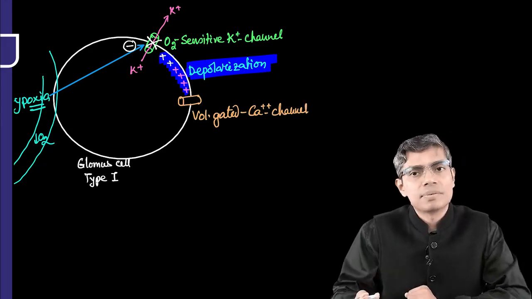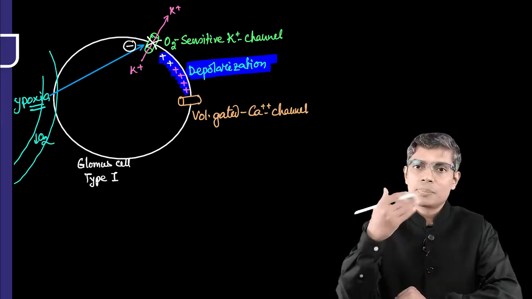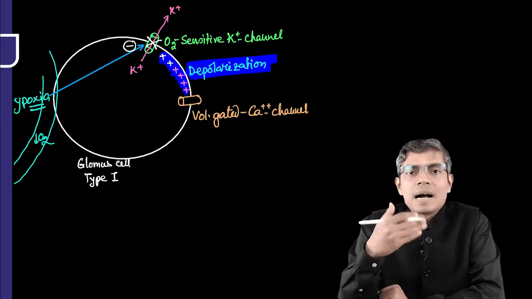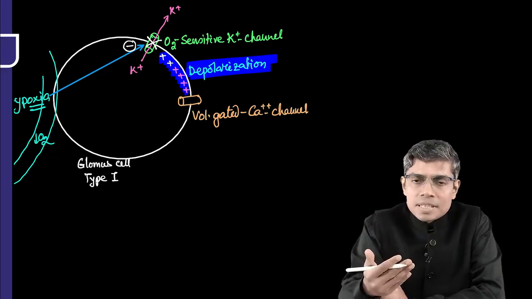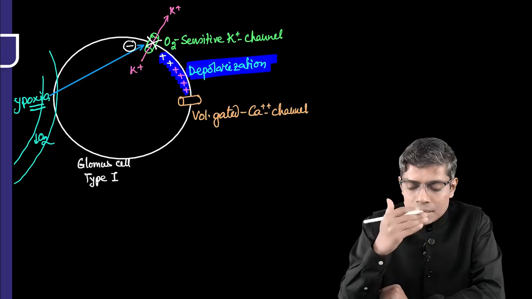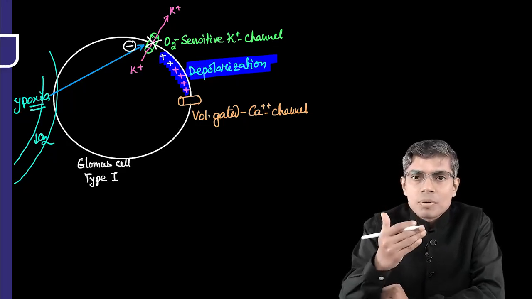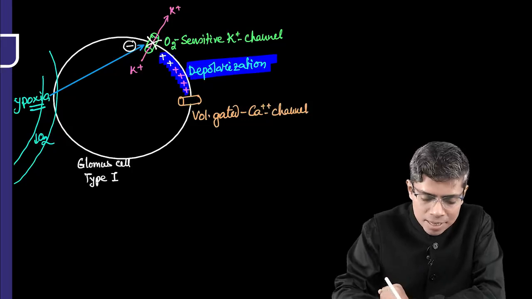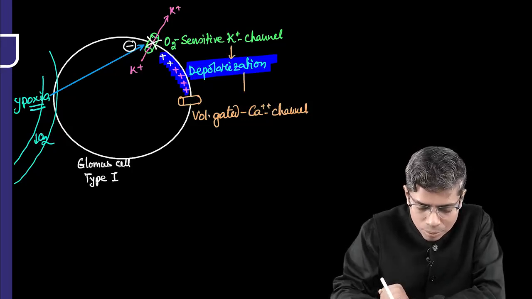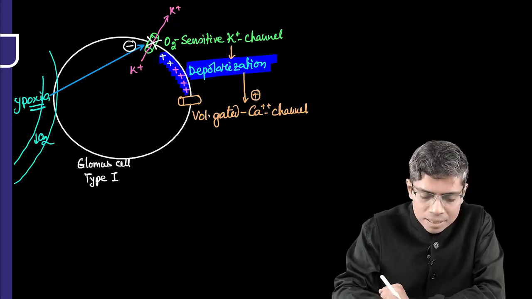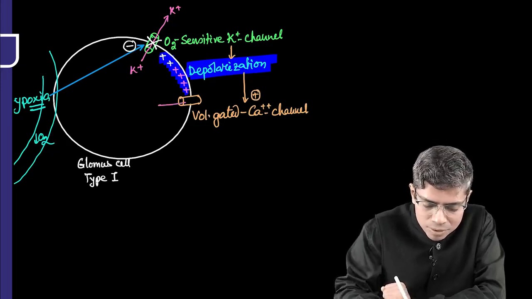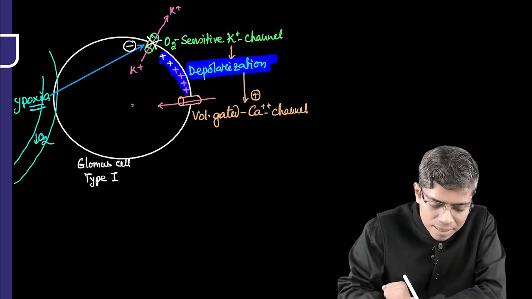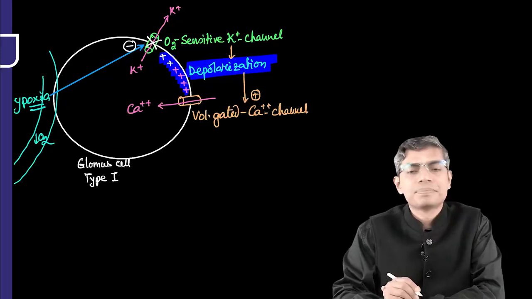It will open up, right? So hypoxia causes closure of the potassium channel, which causes depolarization, and depolarization causes opening of this voltage gated calcium channel. Whenever the calcium channel opens, calcium is going to enter.